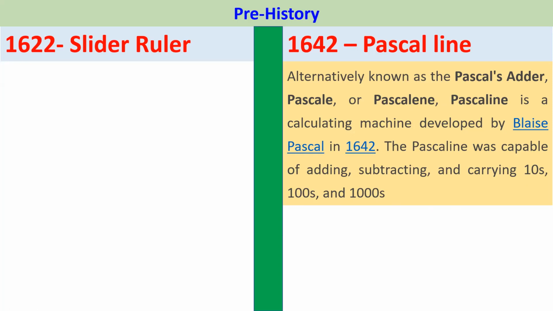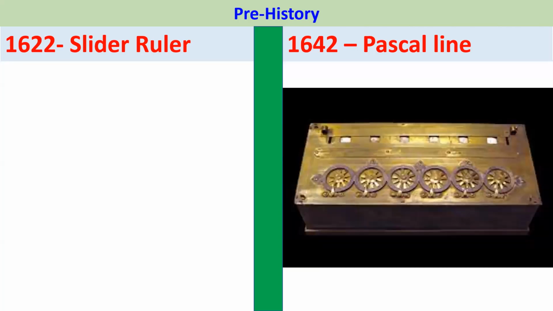It actually contains some gears. By handling these gears, it is able to do these calculations. Look at some pictures here. This is one of the common pictures of the Pascal line.